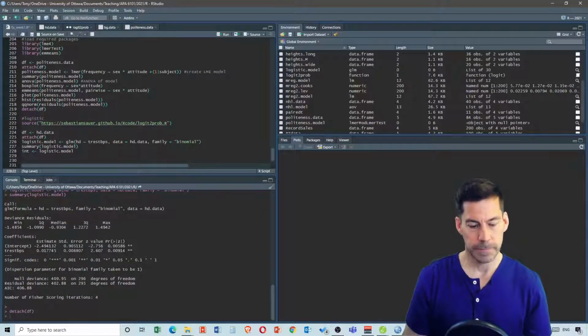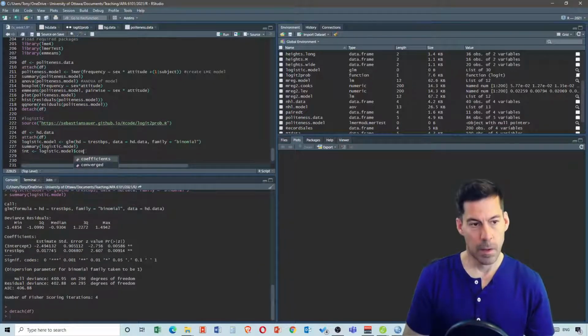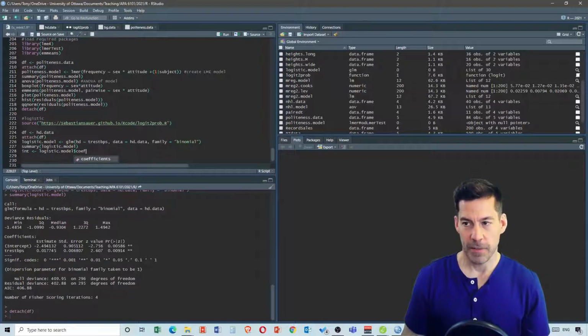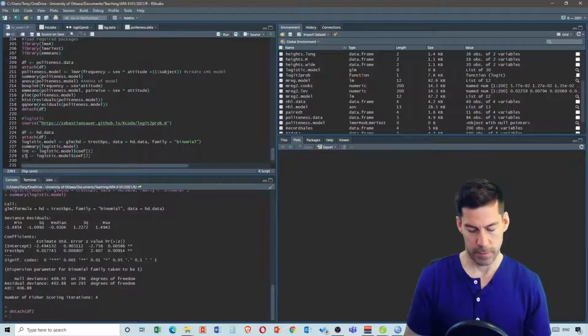logistic.model coefficient, and I need the square brackets, 1. And then I want to do the same thing, but for the slope. It's just going to be coefficient 2, and I'm going to call this slope.